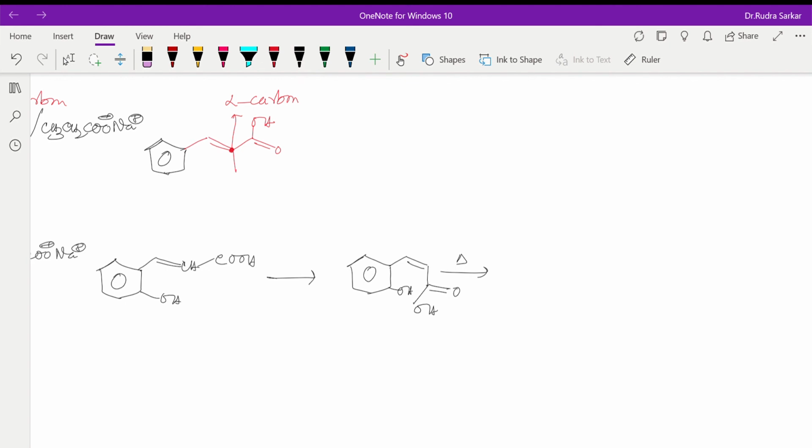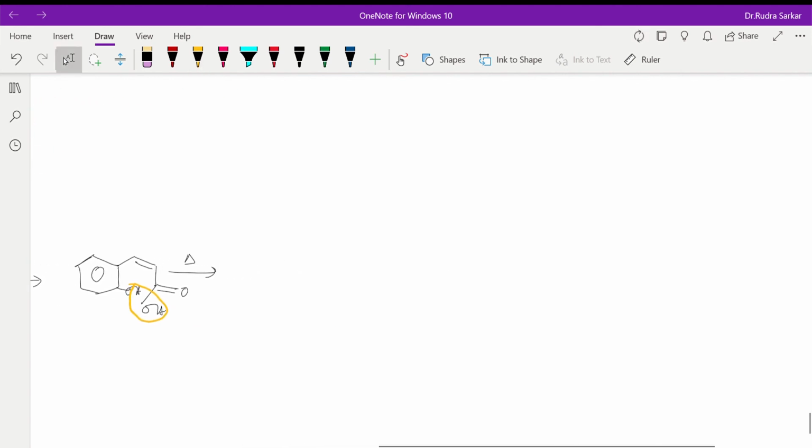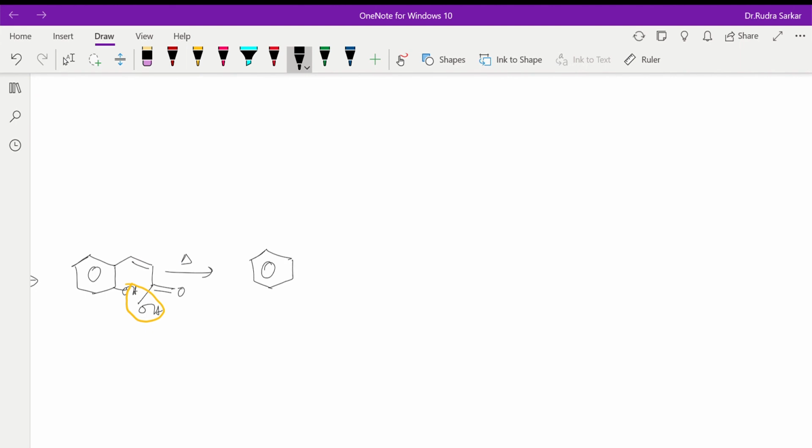These two structures, I'm just changing the orientation, and they cannot be said to be equivalent. Now try to take out water from here. The molecule that we get has a name, and this is called coumarin.